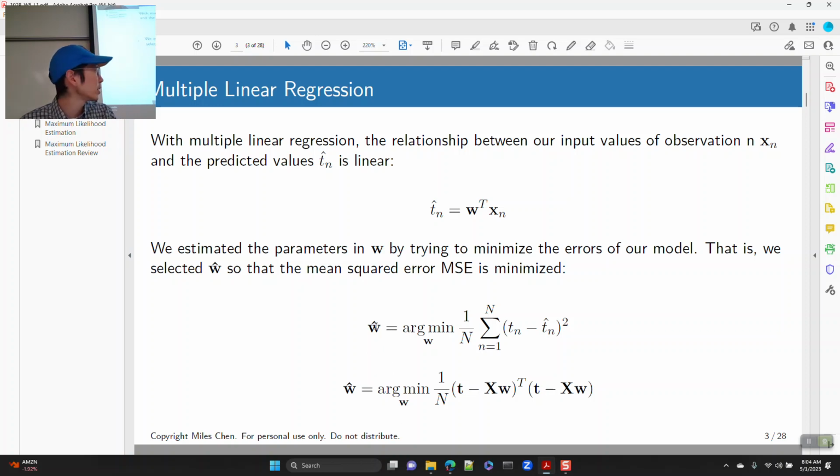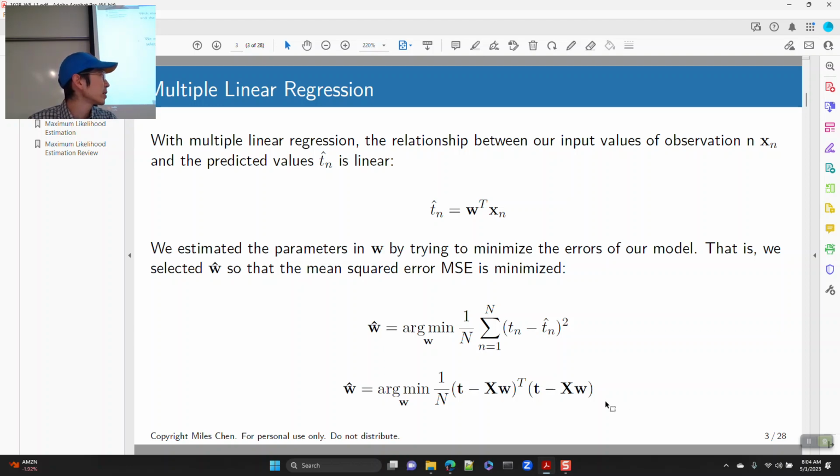How do we figure out the weights to use? We said it's t minus t hat quantity squared, summed up. That's our mean squared error, divided by n. And we're just trying to find the W's that minimize this.